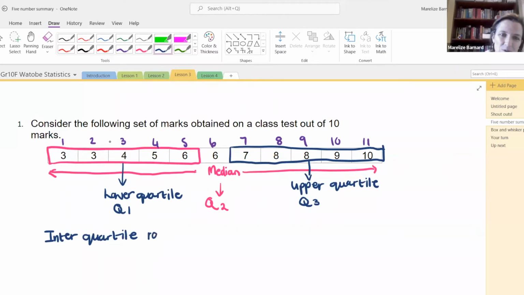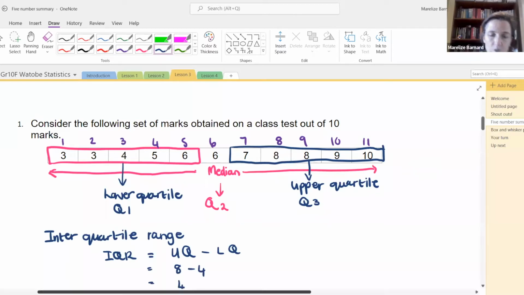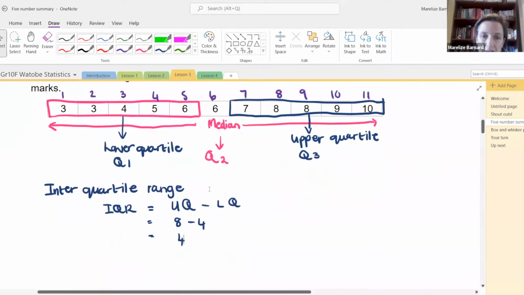The interquartile range, which we can abbreviate to IQR, is the upper quartile minus the lower quartile. In this case, it's 8 minus 4, and that is 4. So that is our quartiles.